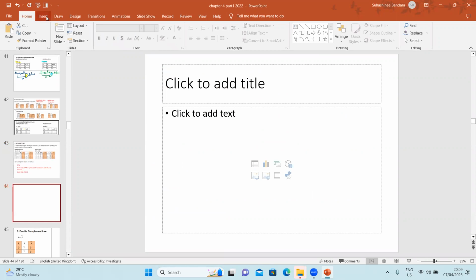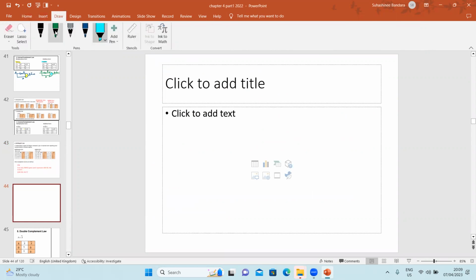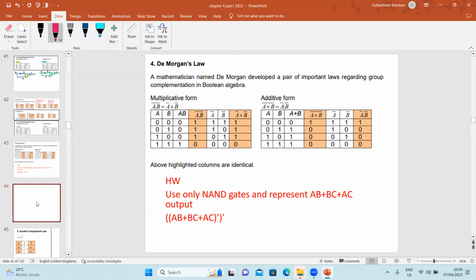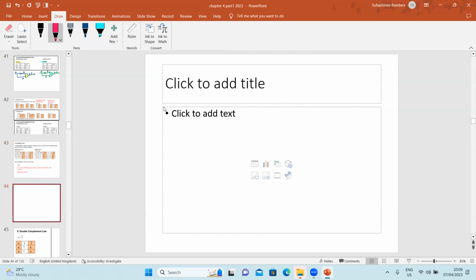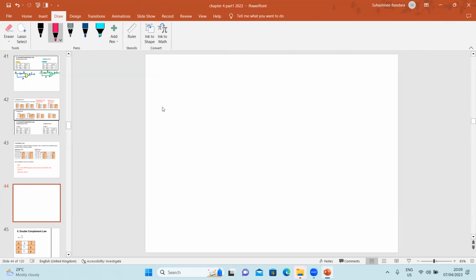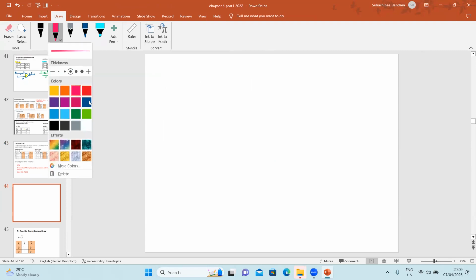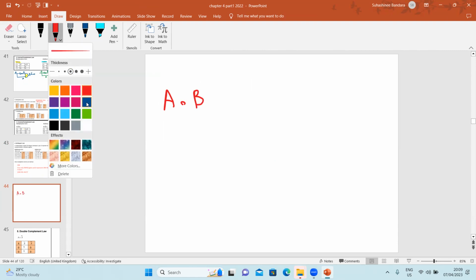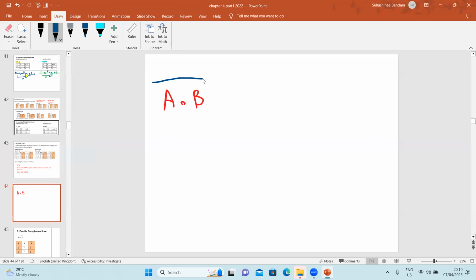Now I'll take the same values which were there, A dot B. Now imagine there is A and dot B. Normally I'm taking bar as, just imagine this is the bar.